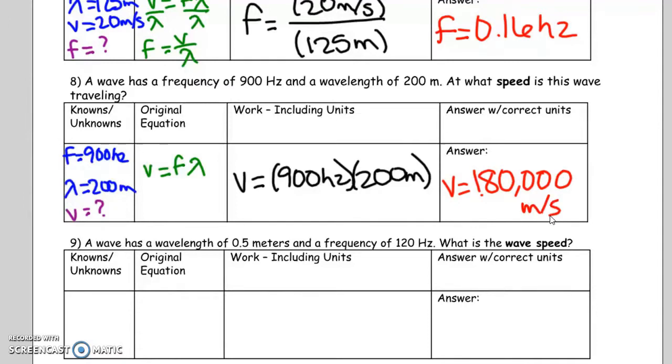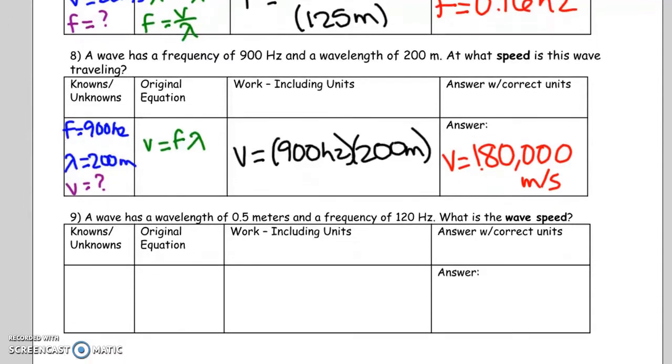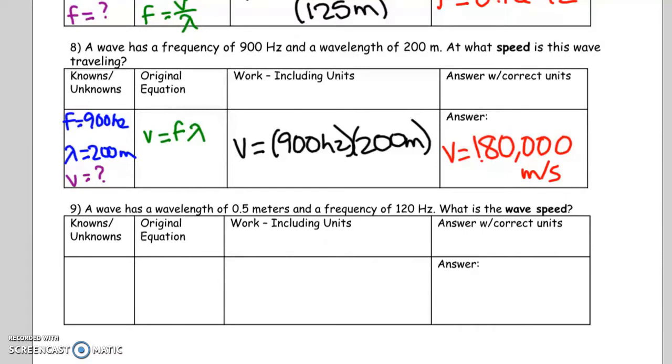180,000 meters per second. Number 9 says a wave has a wavelength of 0.5 meters and a frequency of 120 hertz. What is the wave speed?